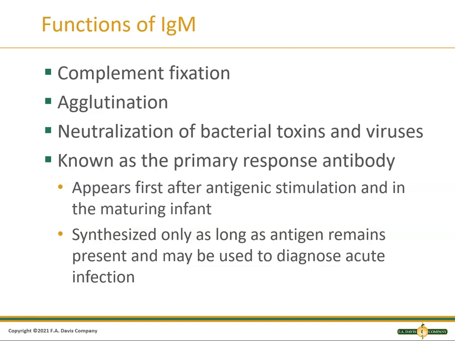If they have a lot of IgM antibodies present against Lyme, then we know that they have an acute infection going on. If IgG is present, that usually indicates to us that it was a prior infection, because remember, IgG actually will come on the secondary immune response, which we'll talk about here in a little bit.